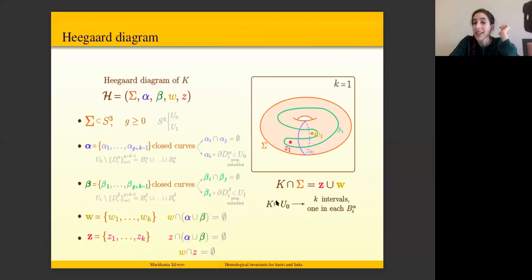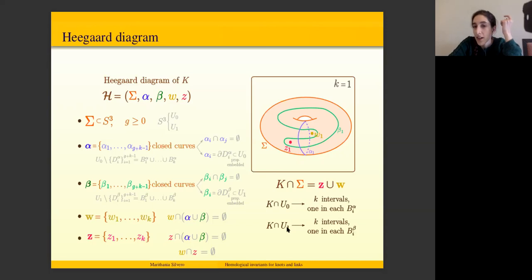The knot intersection with U0, meaning the inner torus, is going to be K intervals, one in each of the balls, and the knot intersection with the other handlebody, U1, meaning the outer torus, is going to be K intervals, one in each of the balls. Here, recall that I have one ball in U0 and one ball in U1, so I will have one interval in U0 and one interval in U1.